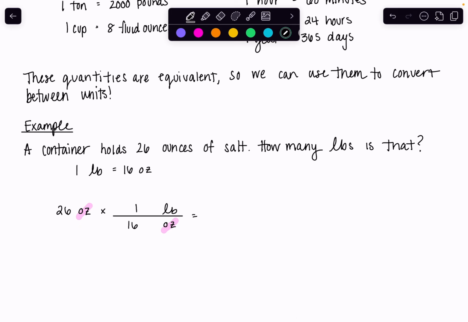It's not going to change anything at all. So I'm left with 26 in the top, 16 in the bottom, and the only unit that remains is pounds. So going through this division, this is 1.625 pounds. So that container of salt holds 1.625 pounds of salt.